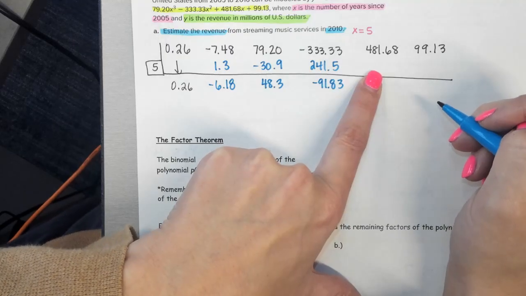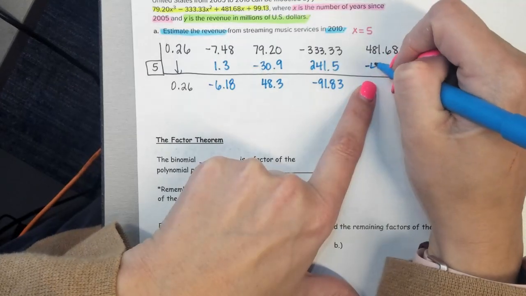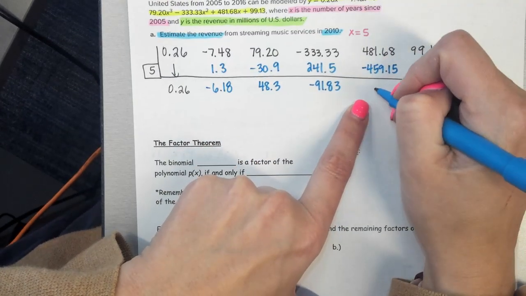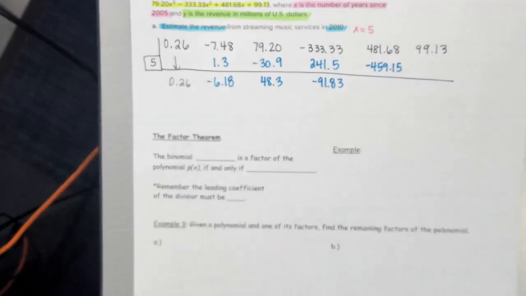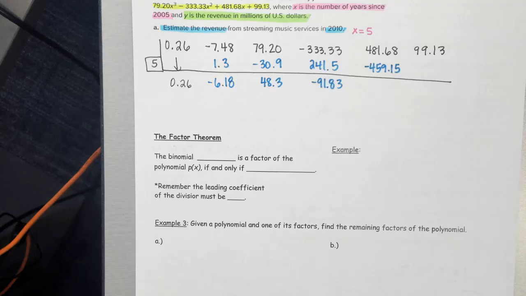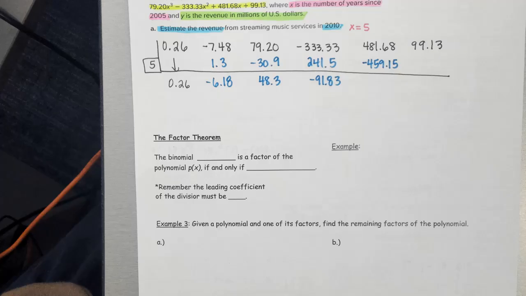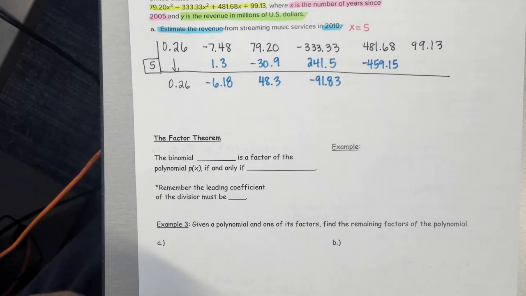And then Carson, what'd you get for this one? Negative. No, you can tell me, Chris. Negative 459.6. Good. All right, and then Bella, what'd you get when you added? Okay, go ahead and do it, and then okay. Great.